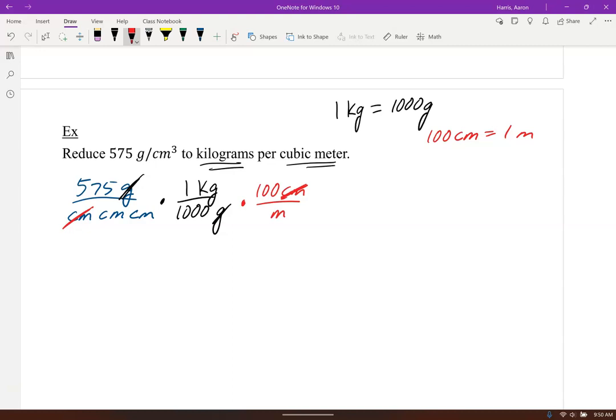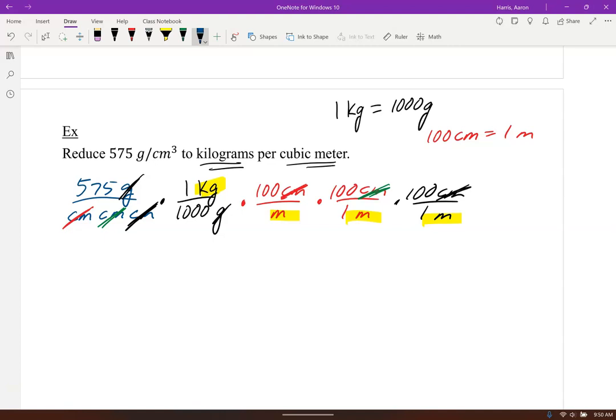But I got 3. Remember, I'm in cubic centimeters on the bottom. So I got to do this 3 times. 100 centimeters per meter. The next one's gone. And one more time, 100 centimeters per meter. The last one right there is gone. So notice we are in kilograms per cubic meter.